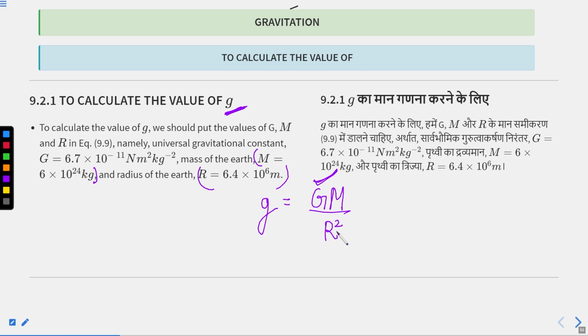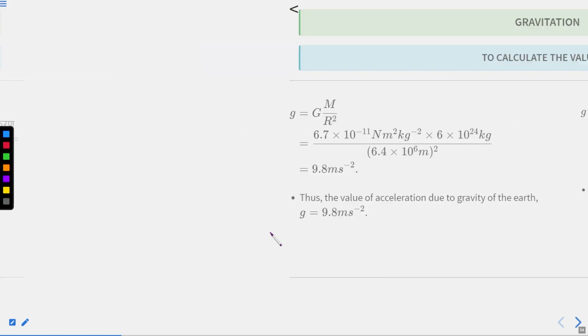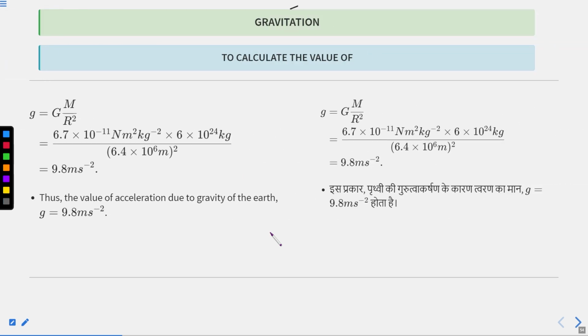Put all these values in this equation and try to find out the value of small g. Okay, so we do the calculation, and we find that the value of small g is 9.8 meter per second square, and we will assume that on all the surface of the earth the value of g is 9.8 meter per second square.